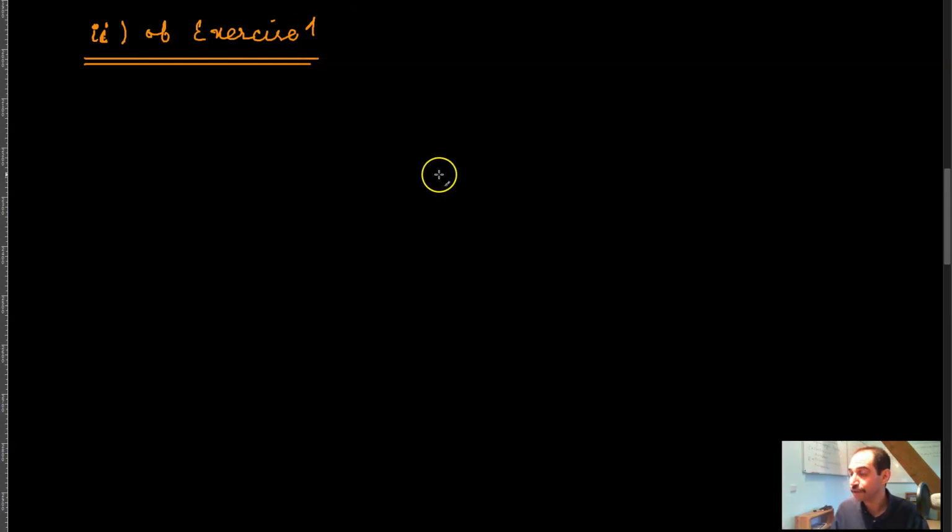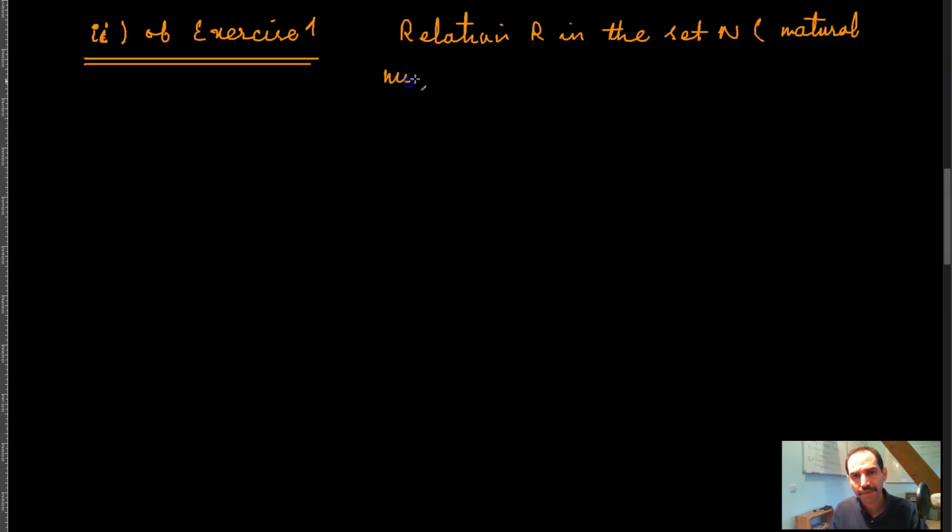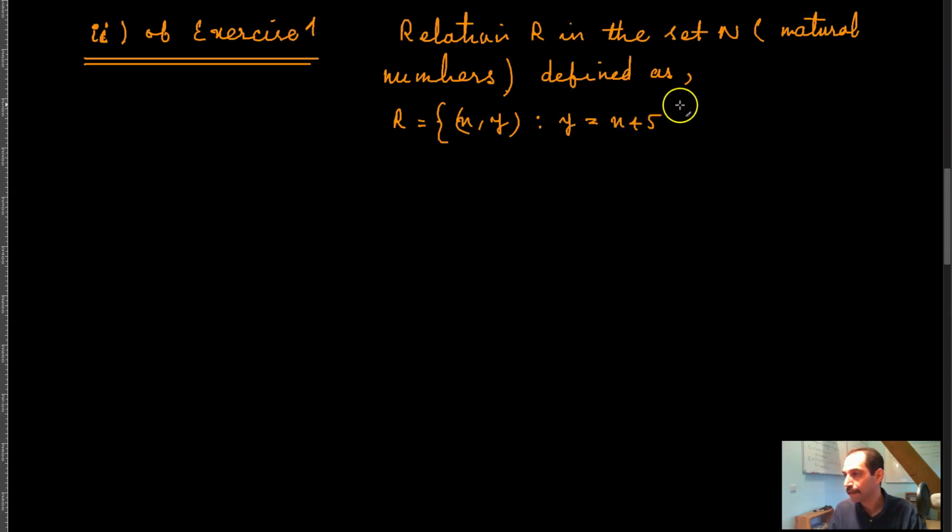The question is, we have a relation R in the set N of natural numbers, defined as R is equal to all the ordered pairs x comma y, such that y is equal to x plus 5 and x is less than 4. So let's see how we can solve this problem.